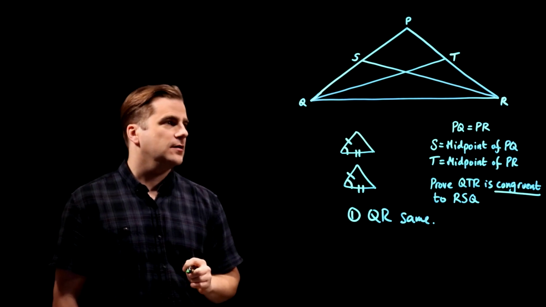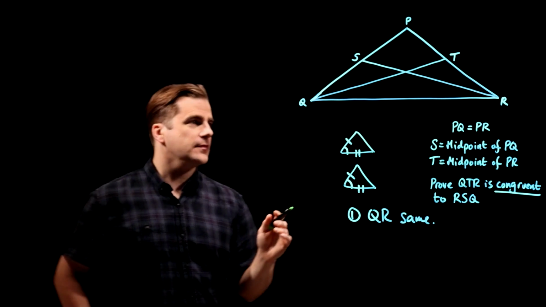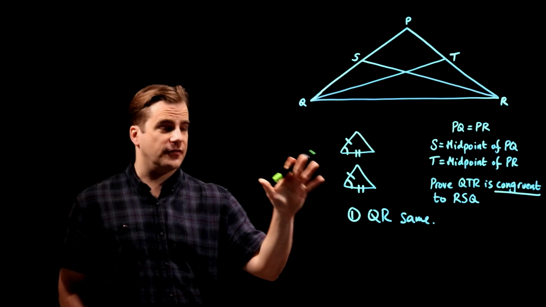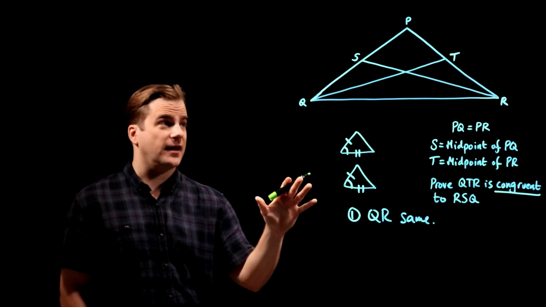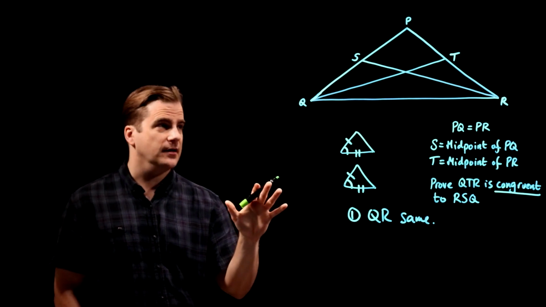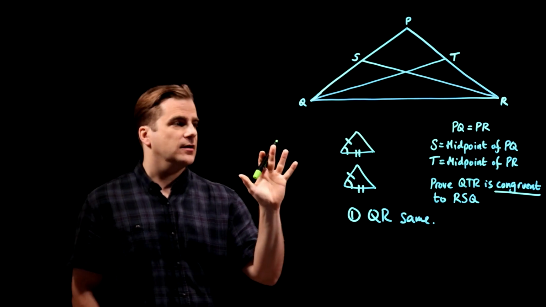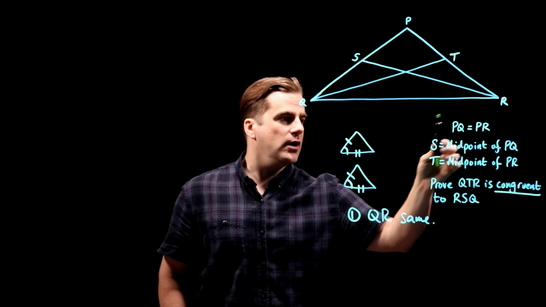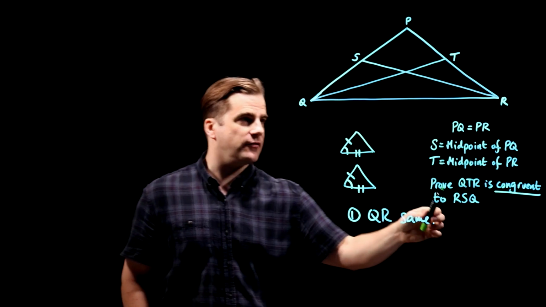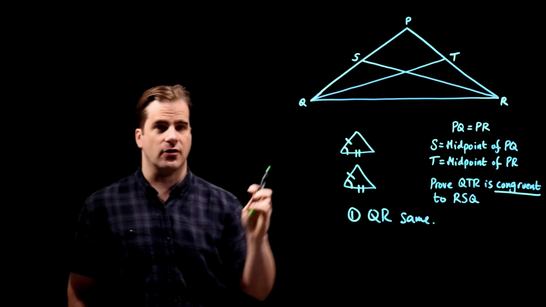It might look like a difficult question. It does feel like a difficult question when you read it. If you get a question like this in your exam, don't panic. Just work through what they've given you and put that information on the triangle.